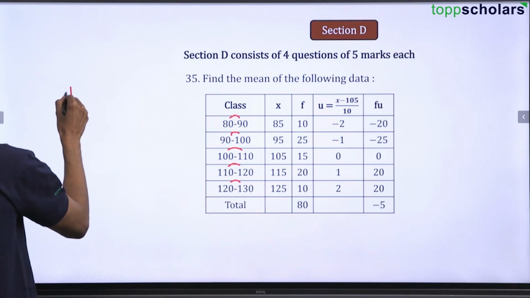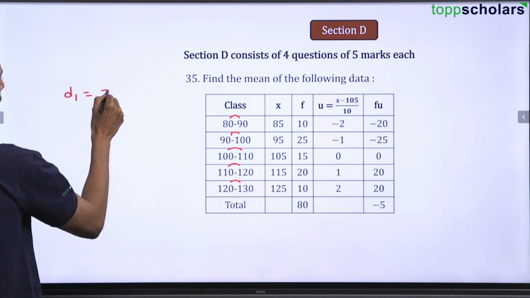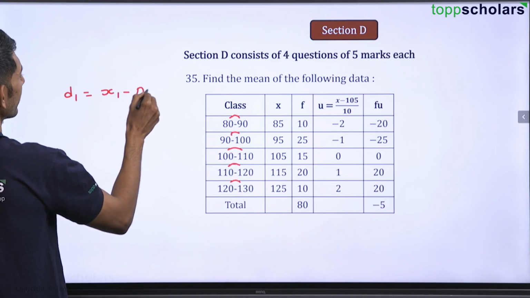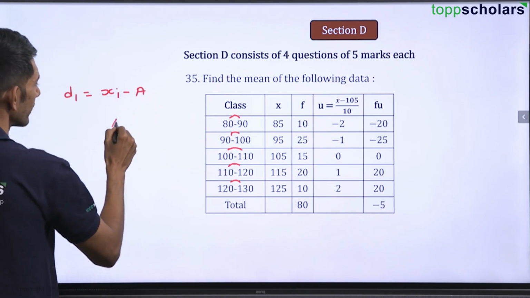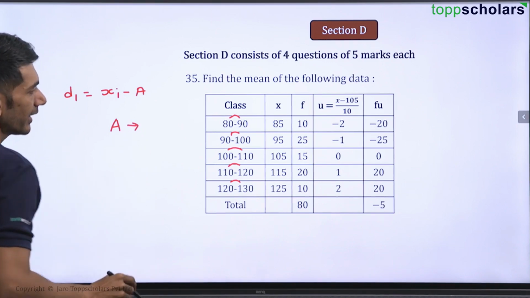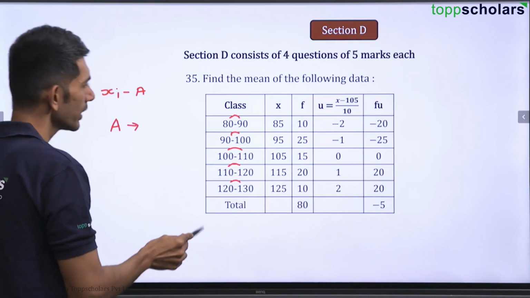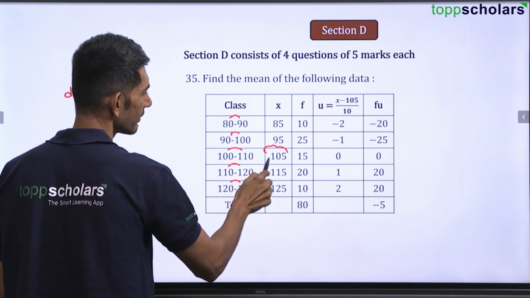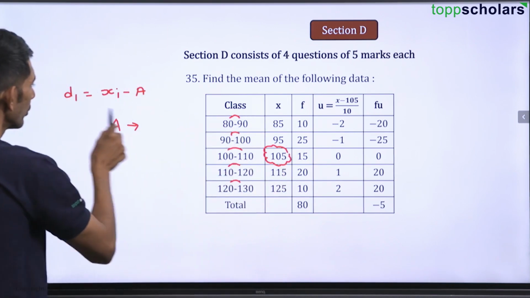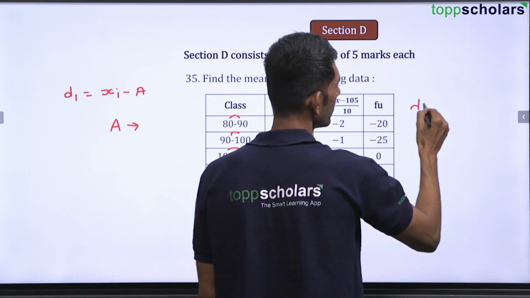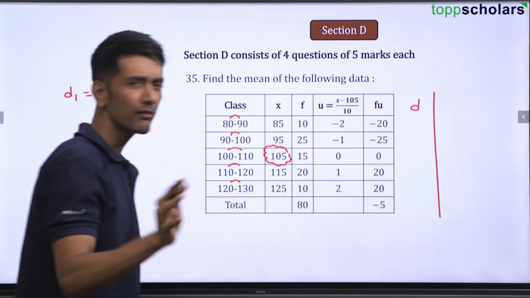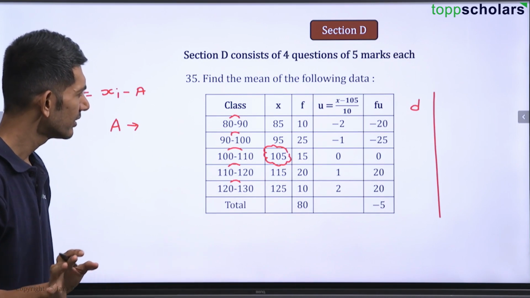Then you find out di, right? So di is nothing but xi minus a. What is a? A is the assumed mean. So you can assume the mean as 105. Actually there should have been a column of D, I'm just explaining this in short.